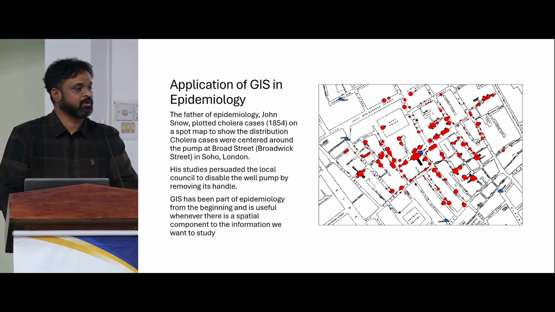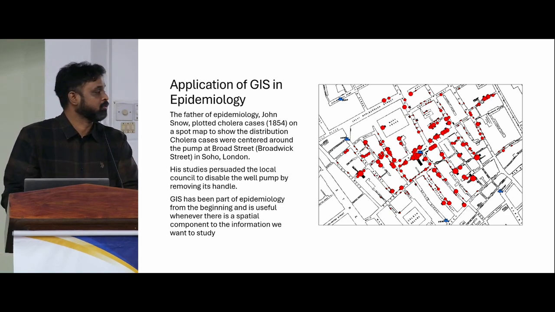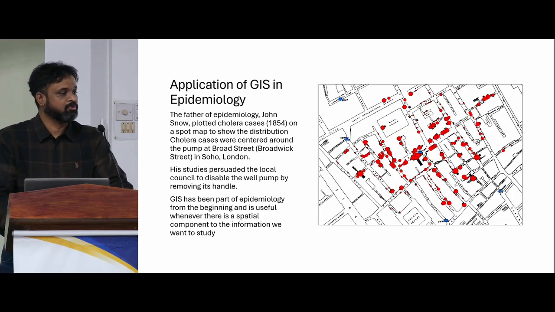So he could find out that all the cases were related to this one particular pump. So he was using maps back in 1854 to ascertain how the outbreak of cholera was happening in London.